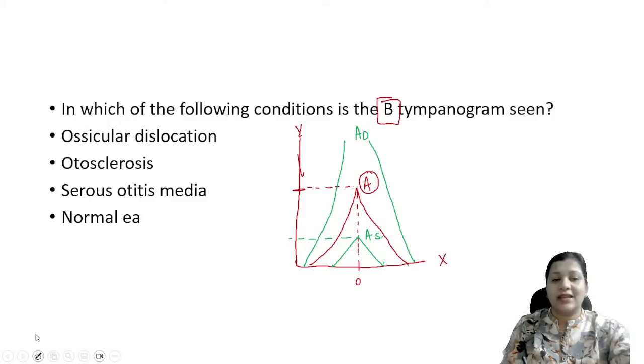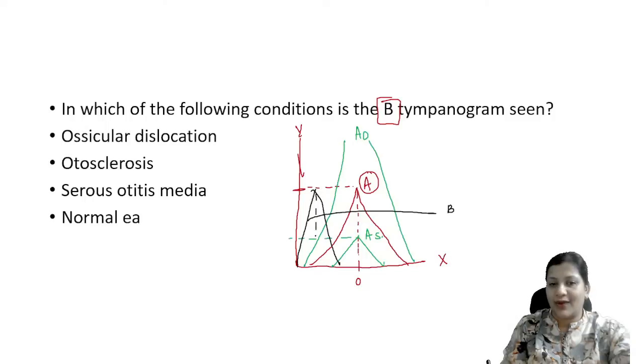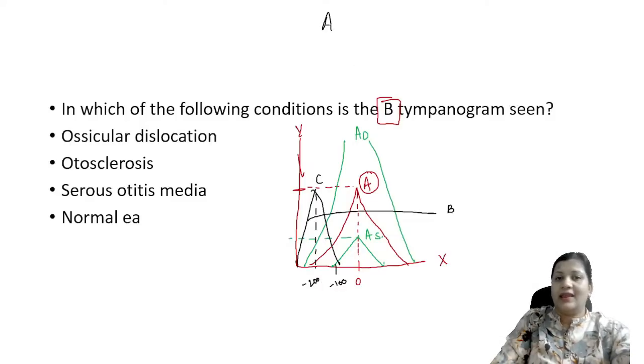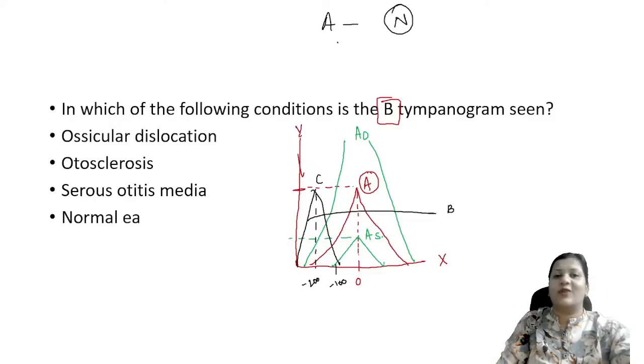If you get a single flat line, you will call it B. And if the peak occupies half of the length on the y-axis but is at negative pressure, minus 100, minus 200, then you call this a C type of graph.